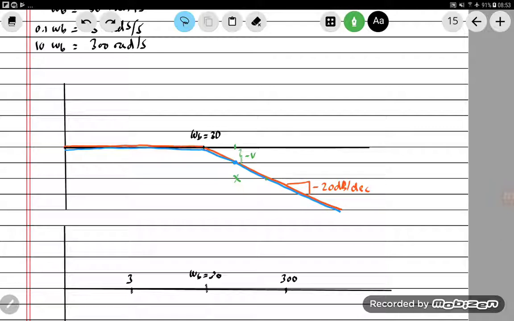Same with this point, and same with every other point. Up to the break frequency the magnitude is 0, and after the break frequency it goes through those points. If you look, this gradient is negative 40 dB per decade.